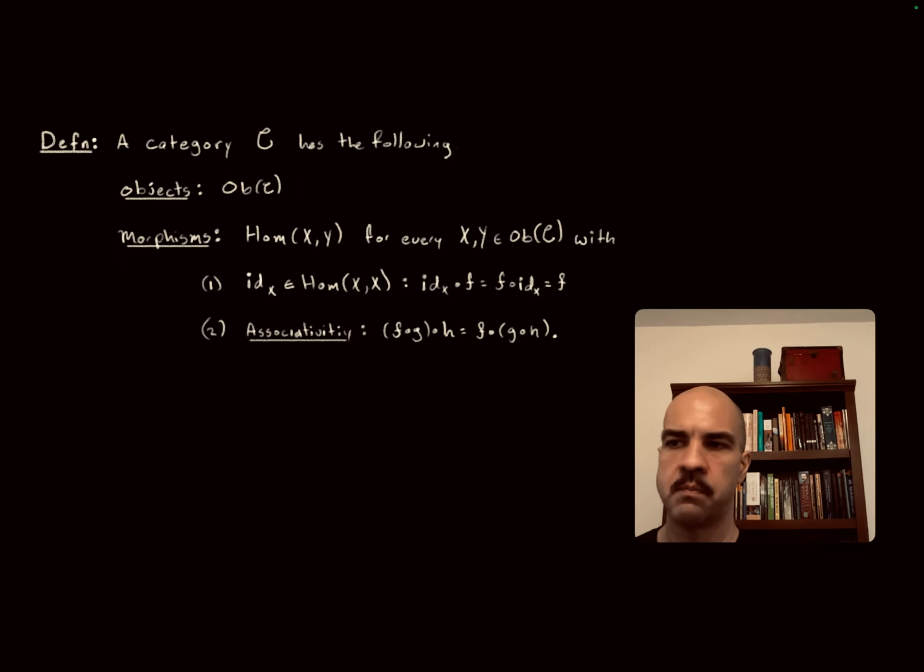So this could be different groups, or in the last example we saw different topological spaces or different sets. And then we have this set of homomorphisms between them, and we call this hom of x y, such that for every object we have this property that there's this identity map in this set that takes x back to x. And we also have that these are associative.